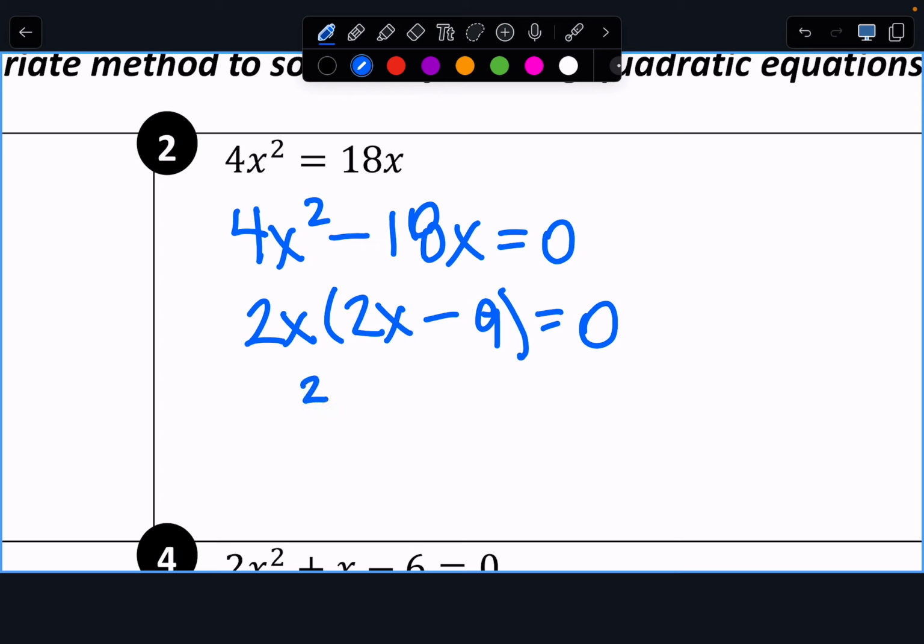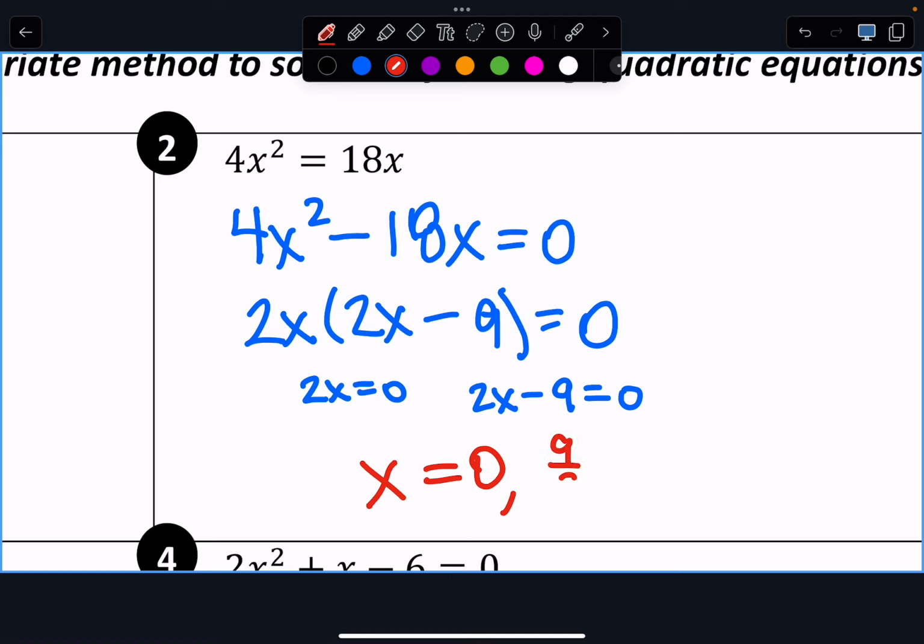So we have 2x equals 0. We have 2x minus 9 equals 0, which means our two solutions are 0, and add the 9 over, divided by 2.